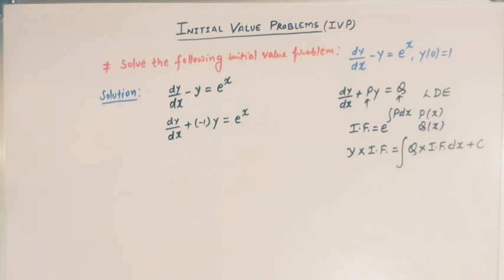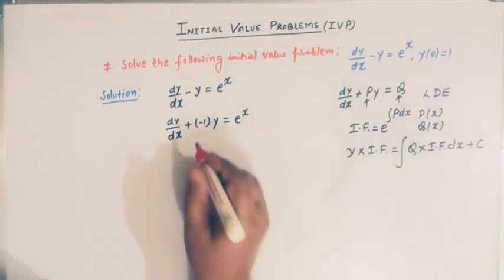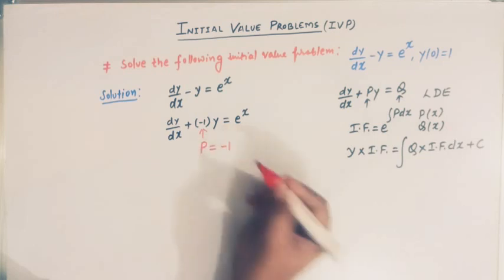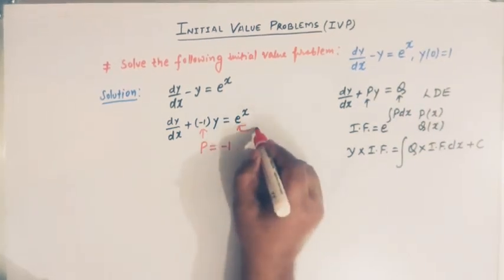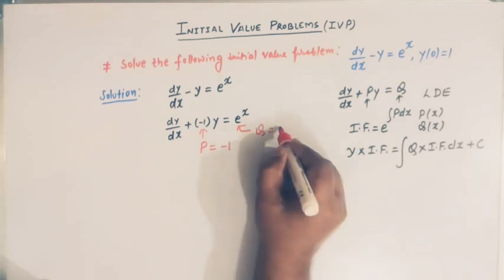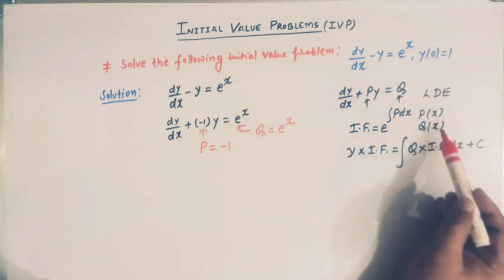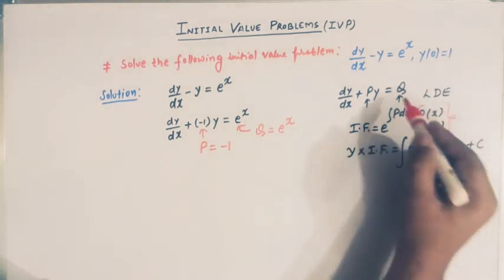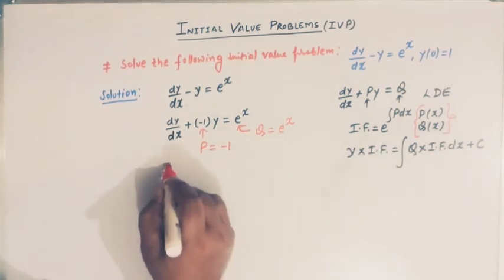So now if we compare this equation with this one, we see that the value of p is minus 1 and the value of q is e raised to x. So here p and q are either functions of x or constants. Okay, so now let us find the integrating factor.